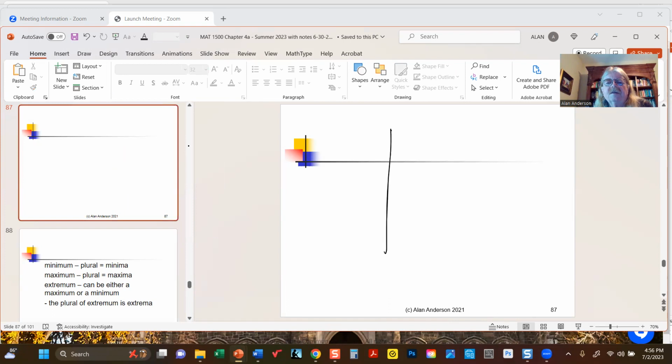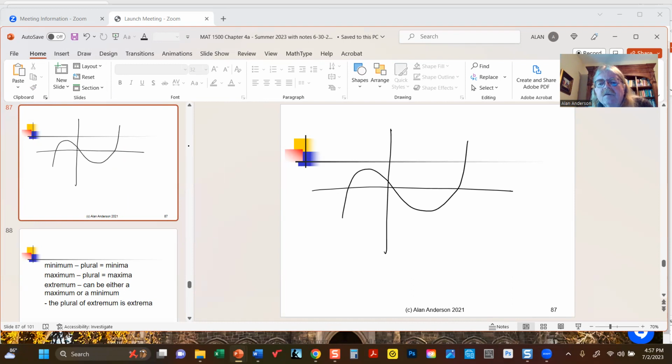So in other words, if we had something like this, and we specify that let's say we're only interested in this interval from, I don't know, 2 to 4.